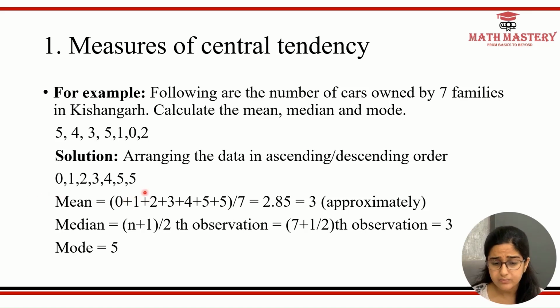So in this series, the observations like 0, 5 are all included in the average, and that has an effect on the mean value. Whereas in case of median, the only thing which is considered is the middlemost observation. So in this case, the value is equal to 3 and it does not get affected by the outliers.